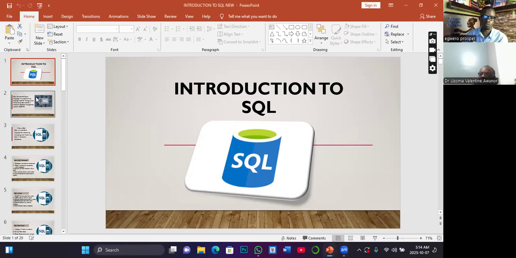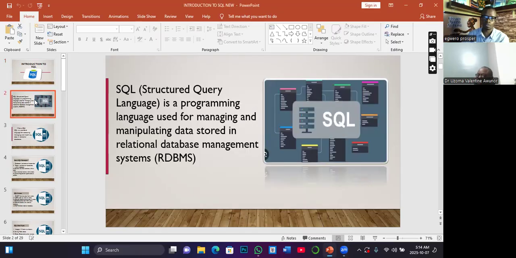And just before we look at the definition of SQL properly, I would like us to know that out of the tools out there for data analysis, SQL is highly recommended because it is the only language that allows us to manage data within a database.